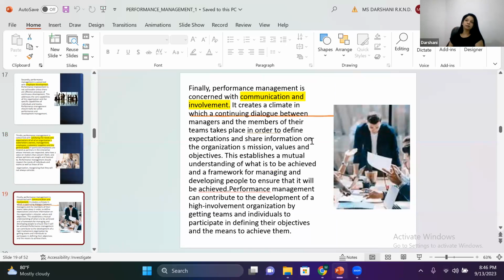The other part we are talking about is communication and involvement, right? When it comes to communication and involvement, that's why I was showing you this Disneyland video, to show you that communication is very important. Once you communicate the vision, mission, values of the organization, what we are expecting, what we want to achieve, people know what they have to do because their duty is very clear.